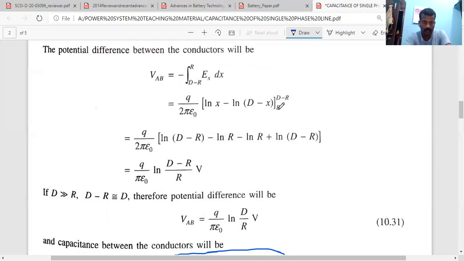When the value of d minus r is placed here, d will be cancelled out, and minus r will still remain.